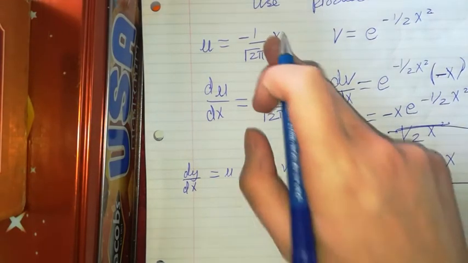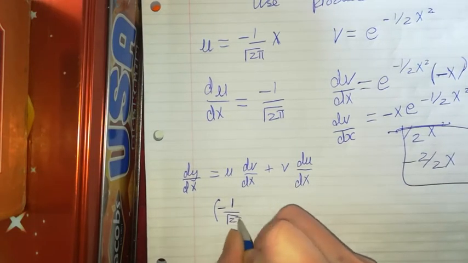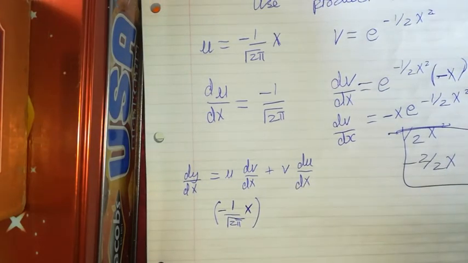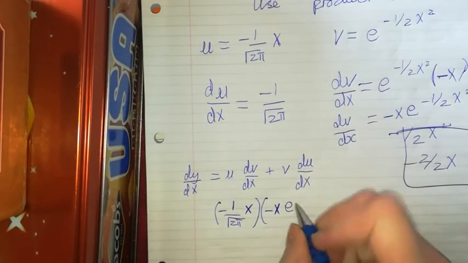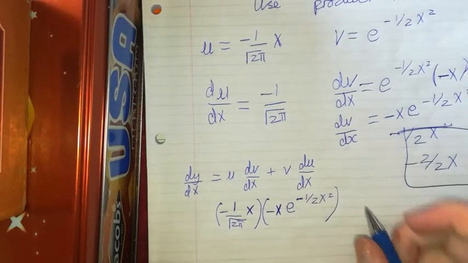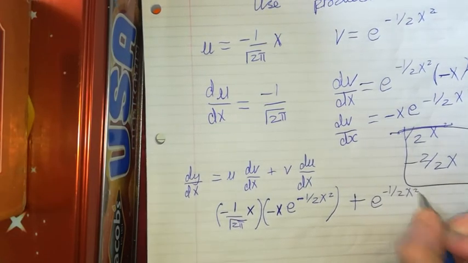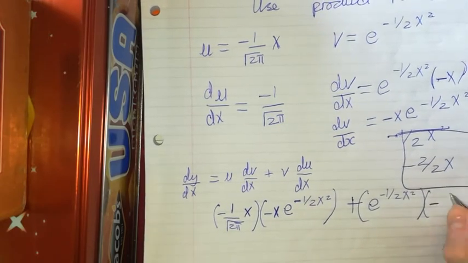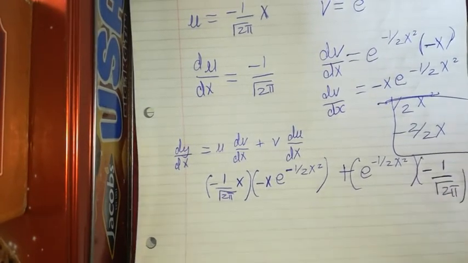So u I got was this, so I'm going to plug that in: minus 1 over root 2 pi, and then x, and then dv dx was this one here, minus x e to the power of minus a half x squared, and then plus v, which is e to the power of minus a half x squared, times du dx, so minus 1 over root 2 pi.